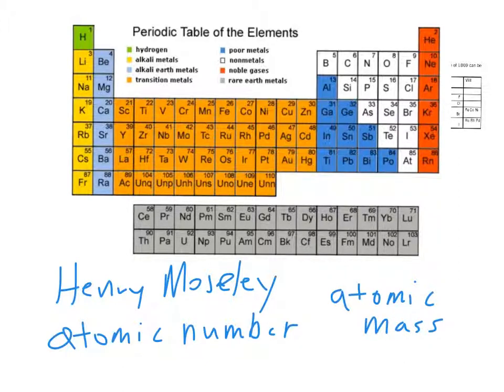And that's how it's arranged today. And that's just what this picture is showing. You can see that here the atomic number for hydrogen is 1, then goes to helium 2, lithium 3, 4, and so on throughout the entire periodic table.